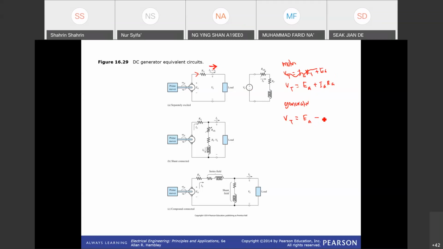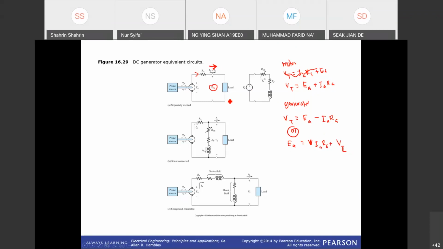Or I can write EA, because EA right now is the source, equals IA RA plus VT.